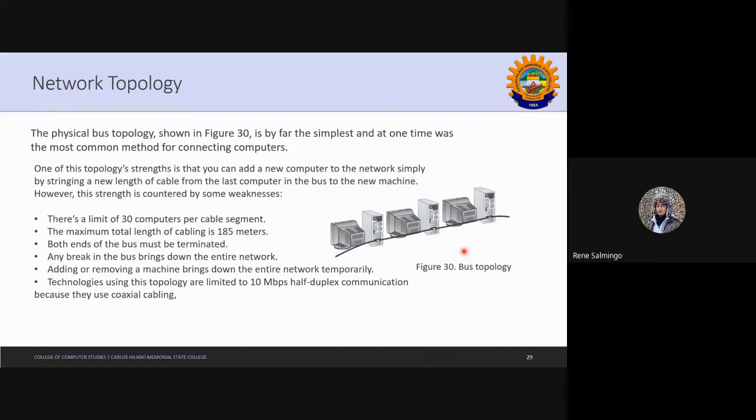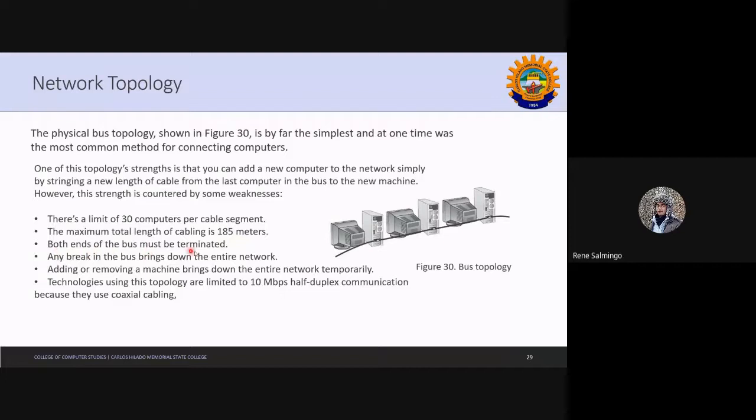However, this advantage is countered by some weaknesses. During the time that they implemented this, there was a limit of 30 computers per cable segment, and the maximum total length of cabling was only 185 meters.